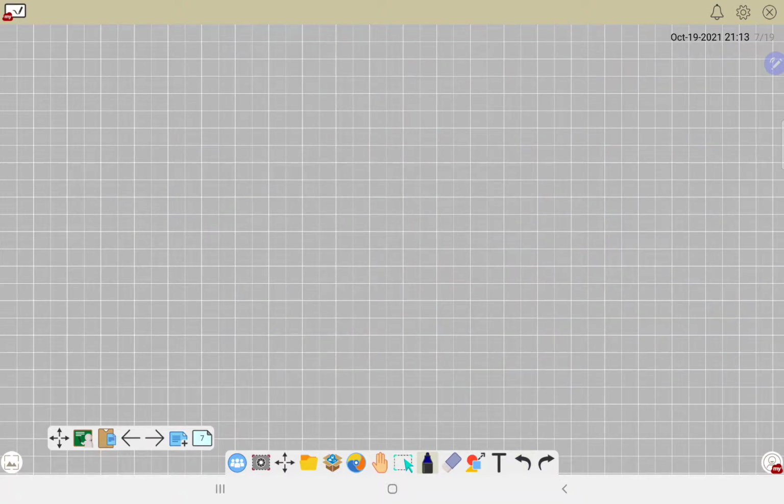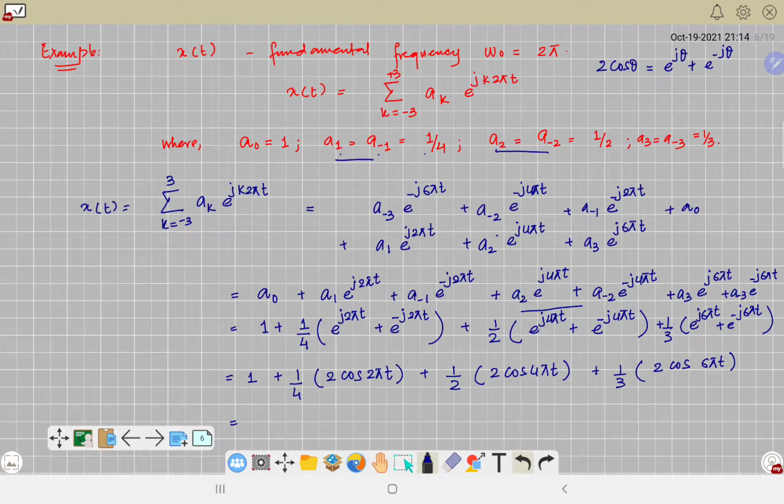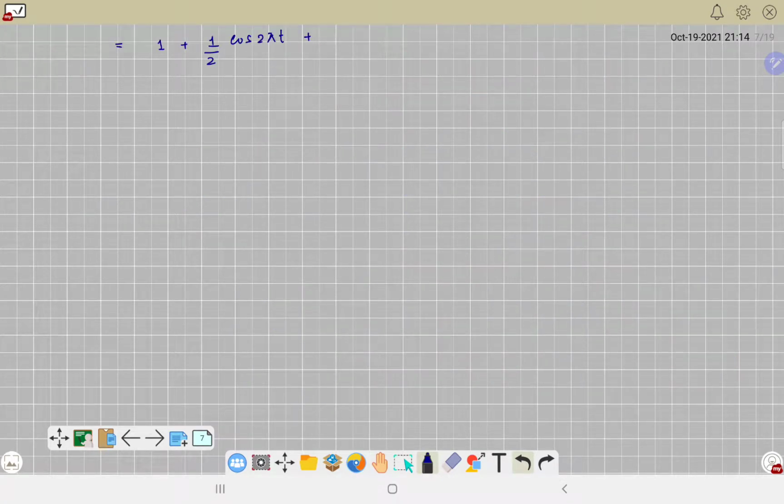Then it will be 1 plus 1 by 2 cos 2 pi t. Then it will be simply cos 4 pi t, then 2 by 3 cos 6 pi t. Okay.